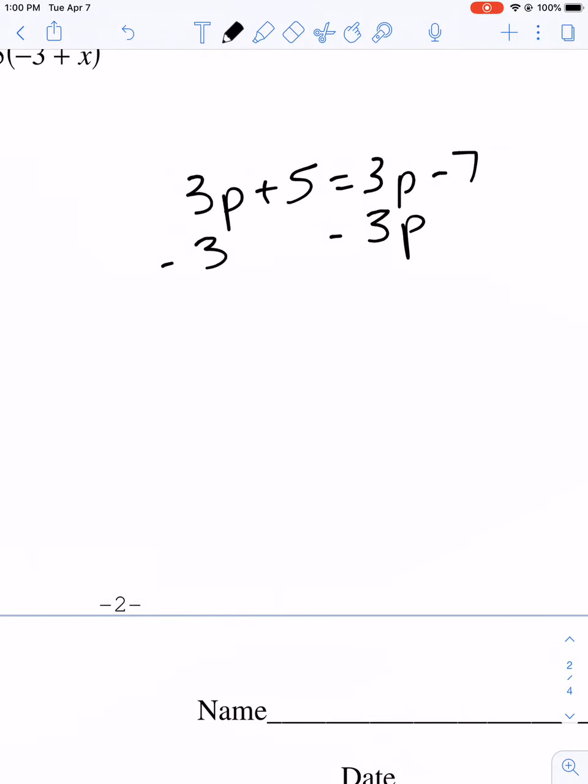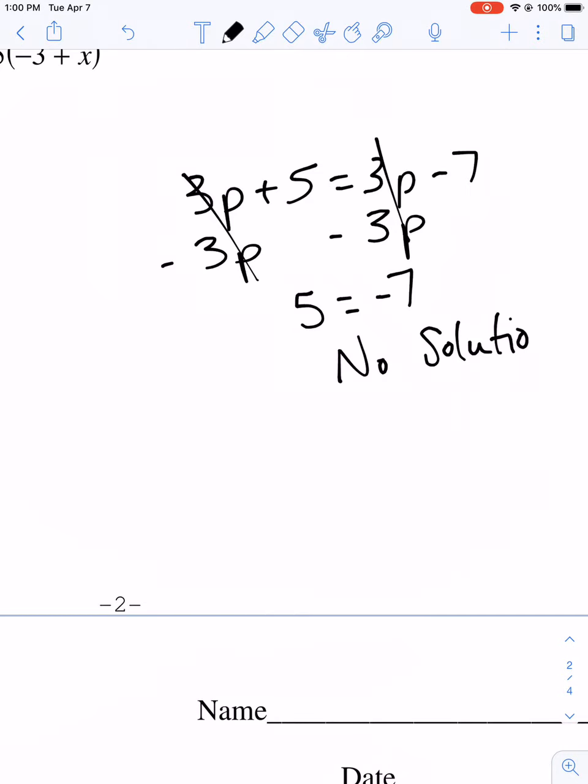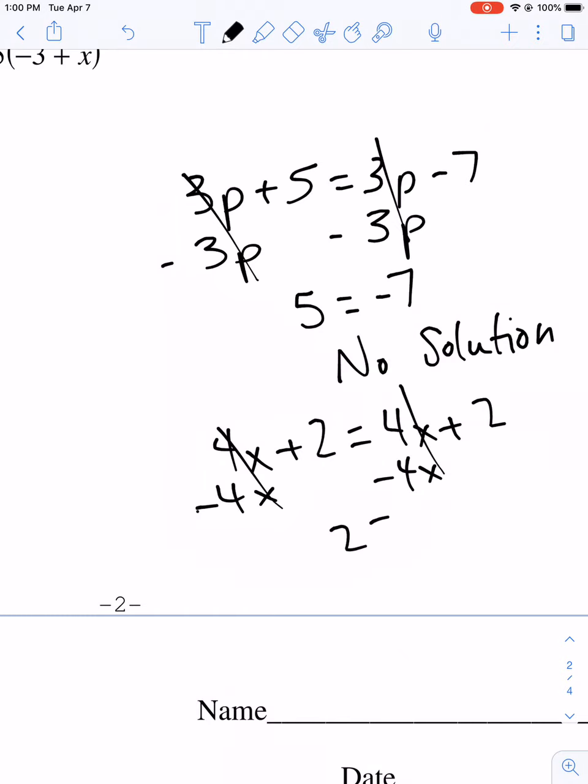I brought the p's together and they canceled out. Does 5 equal negative 7? No. So this would give you a no solution. So if they're not equal, it's a no solution. But if we cancel them out and they are equal, this gives us infinitely many.